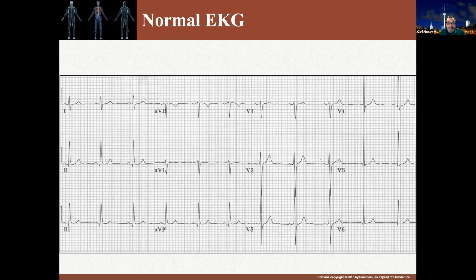And these form effectively a passage, a link between the SA node and the AV node. And there are three of them canonically in the right atrium. And then there's another pathway, Bachmann's bundle, which conveys the signal to the left atrium.